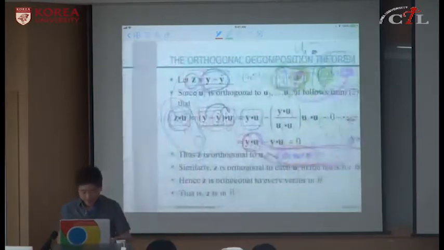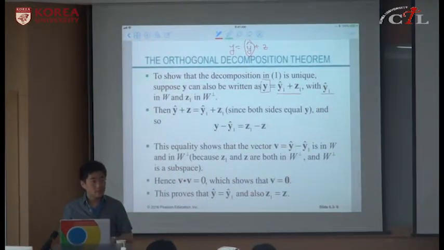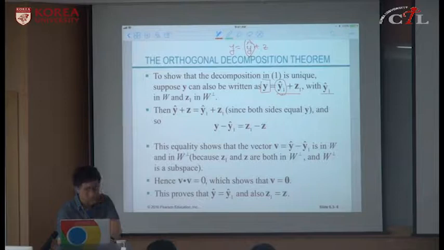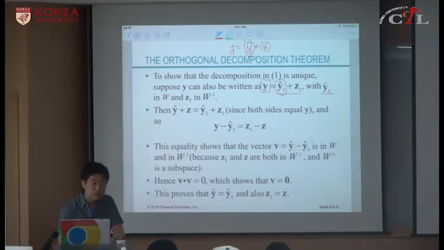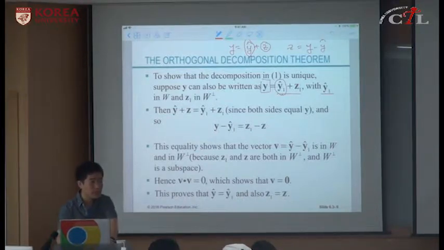And suppose you have another, different vector, called y1 hat. How do you obtain z? There is no specific formula or additional thing to do. z is nothing but y minus y hat. You only need to compute y hat and subtract it from y, and that's how you obtain the vector z.